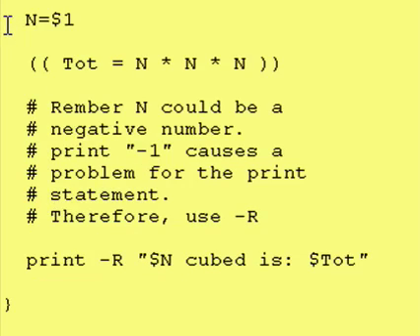Another thing I did was I took $1 and copied it over to another variable. It's a good idea to get into that habit. This allows you to mess around with the value within n and not affect $1. And if $1 changes on its own, that will not affect n, the value within n, after this assignment statement.